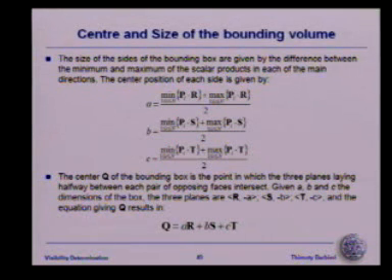Because knowing A, B, and C, you can find the center of the box, which is Q. It turns out that if A is defined like this, B is defined like this, and C defined like that, then the coordinate of the center Q is over here: AR, BS, and CT. This is the position of Q, but mind you that the coordinates A, B, C are expressed not over X, Y, Z, but over R, S, T. Okay?